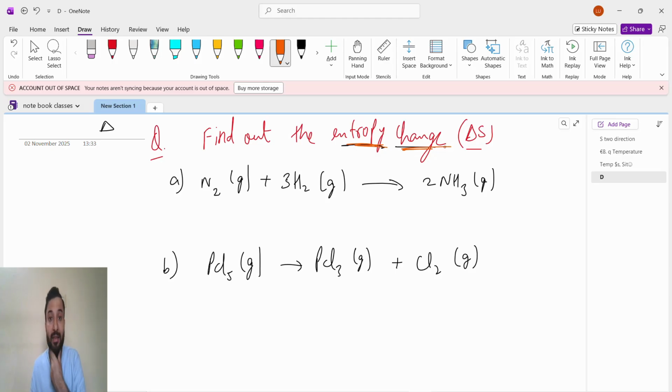Entropy change means either it will be positive or negative. Positive means greater, negative means smaller. Let's see. Guys, very easy peasy things, understand. Find out the entropy change.